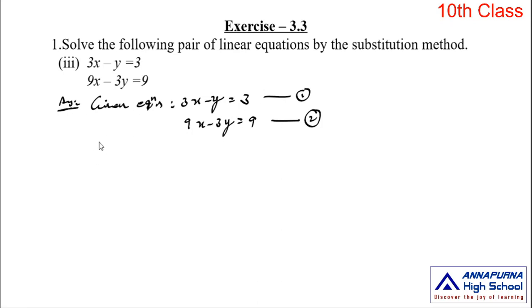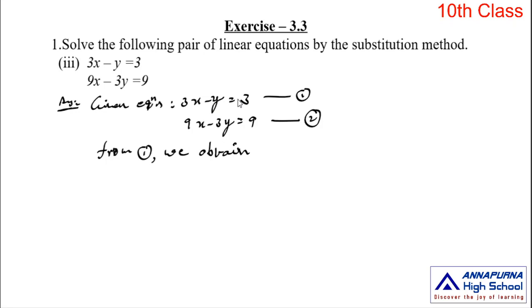Okay, follow the steps. Choose any one of these two equations. Okay, here I choose the first equation. From this first equation, express any one variable value in terms of the other variable. So as usual here I present x in terms of y.